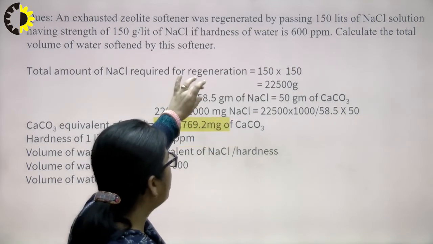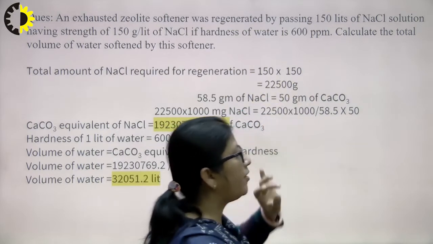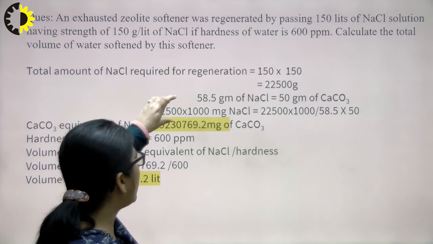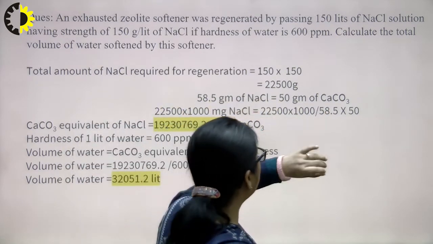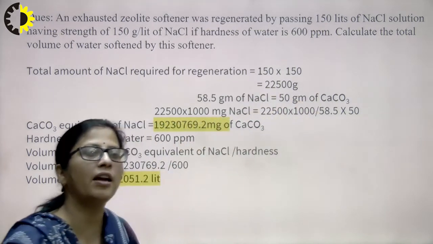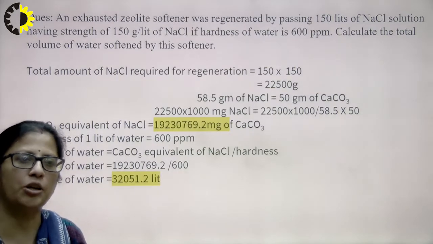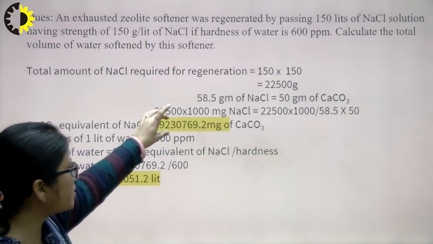Now, again 58.5 gram of NaCl is equivalent to 50 gram of calcium carbonate. So, 22,500 multiplied by 1000 milligram of NaCl will be equivalent to 22,500 into 1000 divided by 58.5 multiplied by 50 calcium carbonate equivalents. So, the calcium carbonate equivalence of NaCl will come out to be this much.